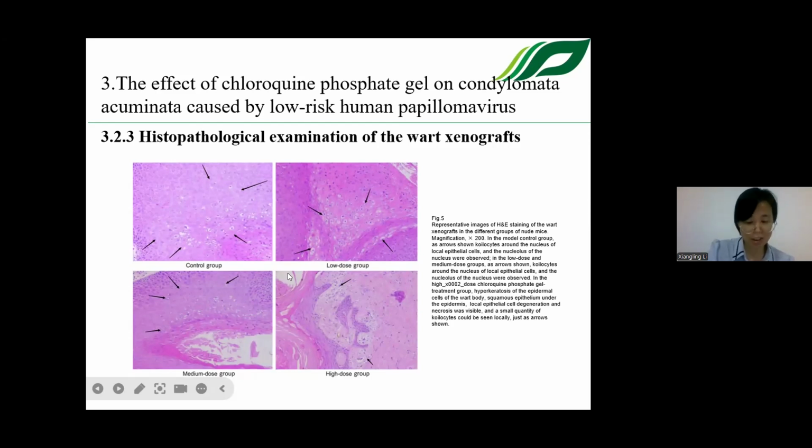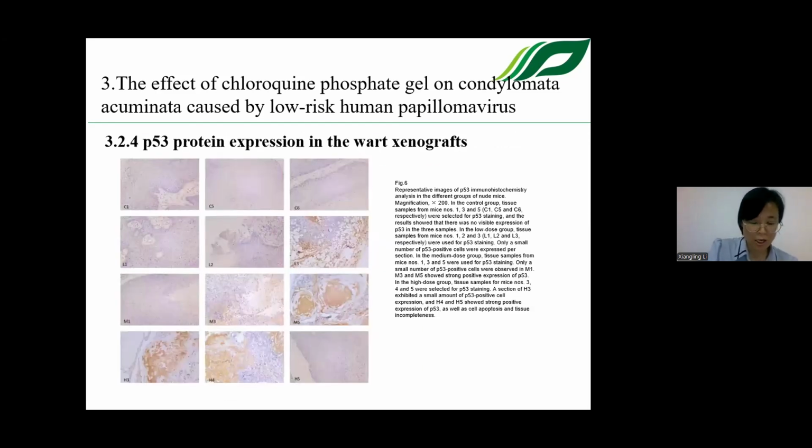This indicates that the CQ was irritating to the skin to a certain degree, and as the dose increased, the irritation became greater. We see this from the low, middle, and high doses here. Also, we used immunohistochemistry to analyze the expression of p53 protein in the wart tissues in the different groups.